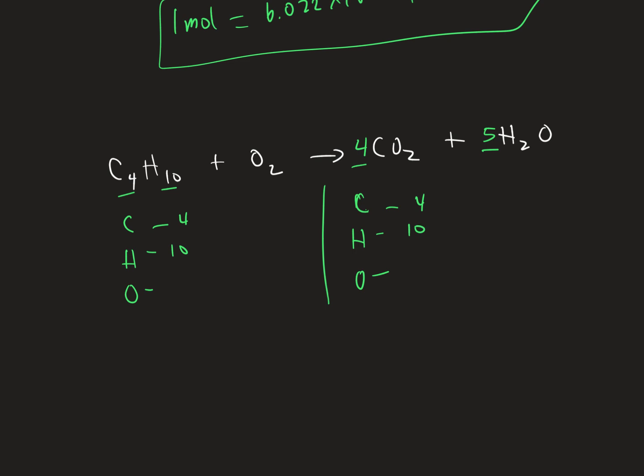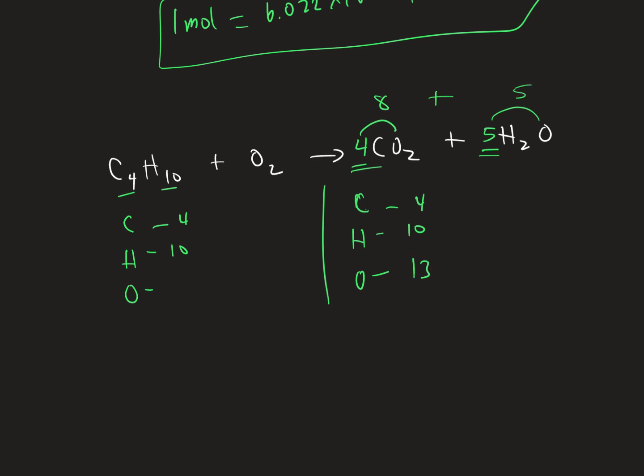Now let's do oxygen. Which side should we count first, the left or the right side first? The right, because that's already balanced. So we got how many right here? 8. Plus how many right here? 5. That's a total of 13.